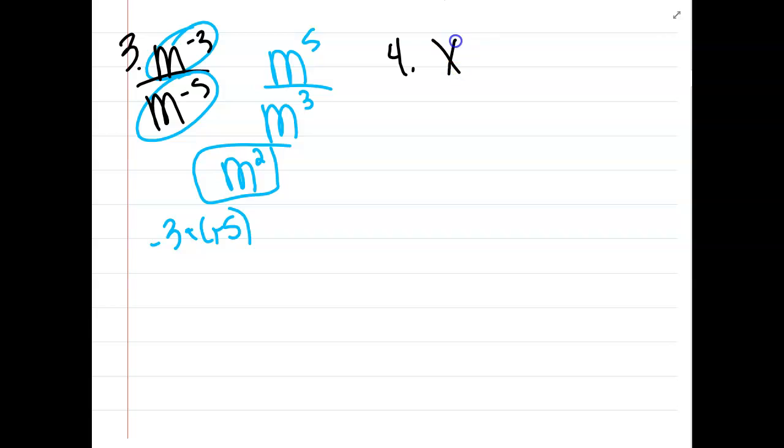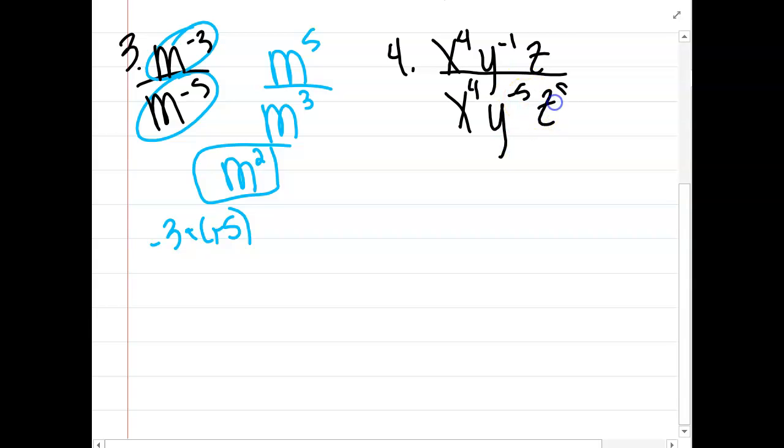Okay, let's try this. X to the 4th, y to the negative 1st, z, over x to the 4th, y to the negative 5th, z to the 8th. And once again, this is just my preference. What I'm going to do first is fix the negative exponents.